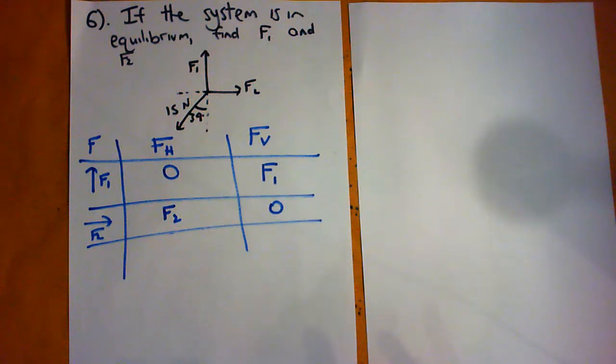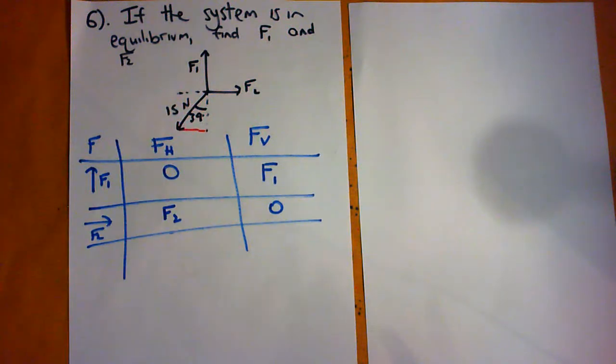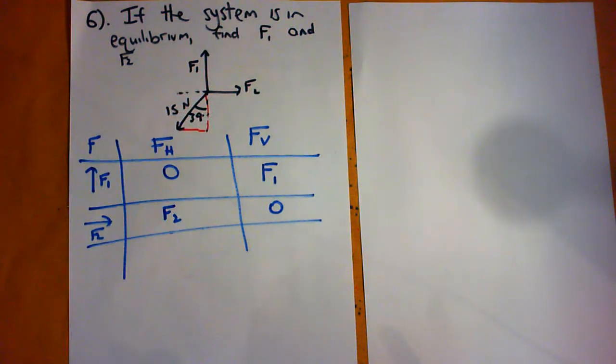Now for the remaining force, which is acting 39 degrees from the vertical on the left, below the horizontal, we need to consider that right triangle there, and we need to work out what its horizontal and vertical components are.